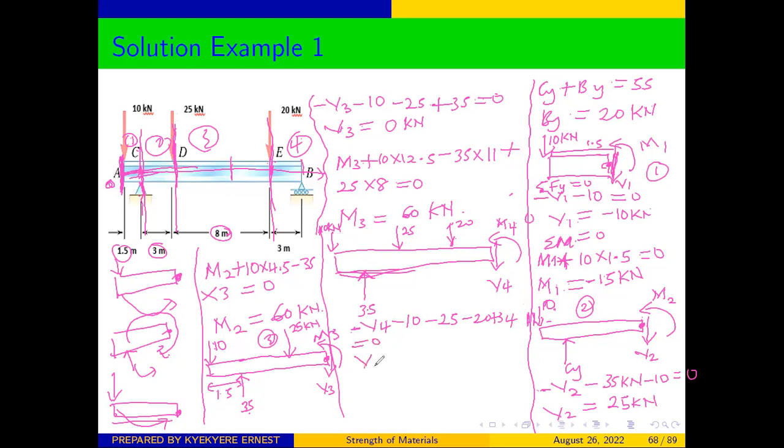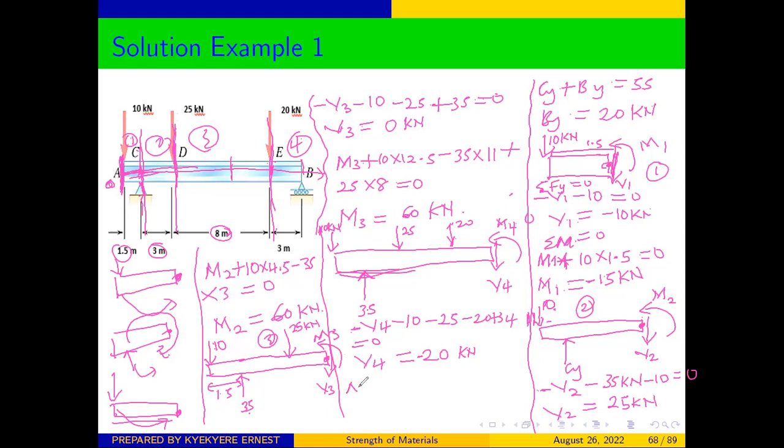And from that analysis, when you simplify, V4 should be equal to negative 20 kilonewtons. And let us also try to find the one in the M4.